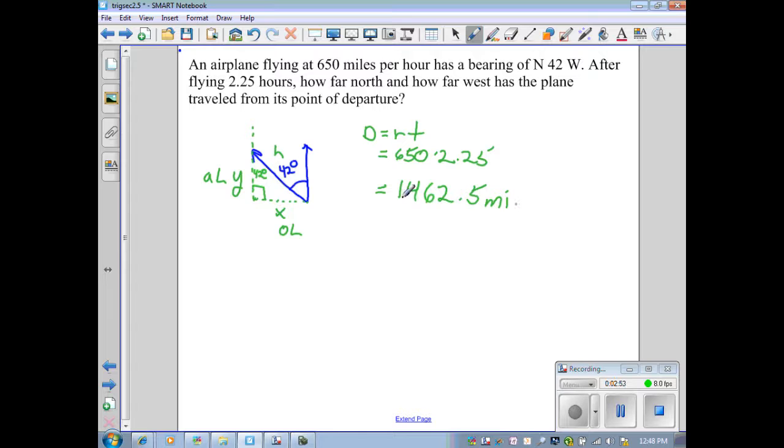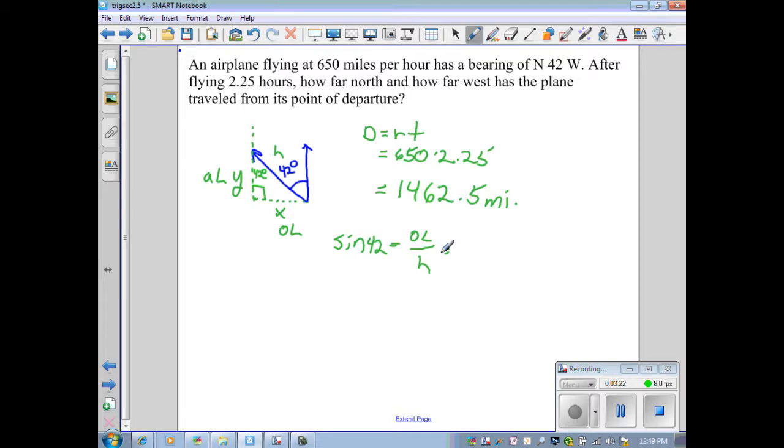Then I'm going to use this in conjunction with some trig ratios and solve for my opposite leg, which is the distance west, and my adjacent leg, which is the distance north. Let's start with solving for the x value, or west. Here, I'm going to use the opposite leg over the hypotenuse, which is sine of 42 degrees.